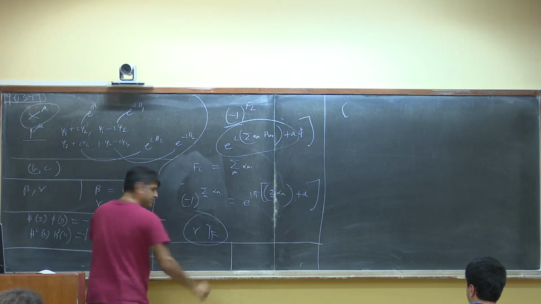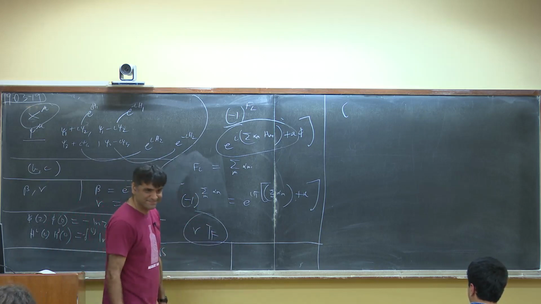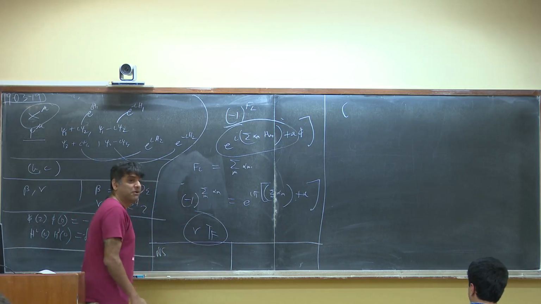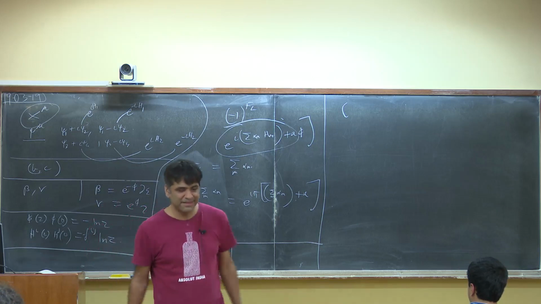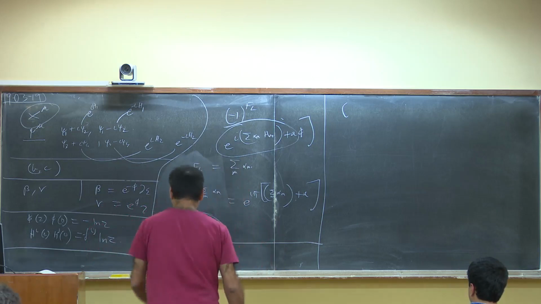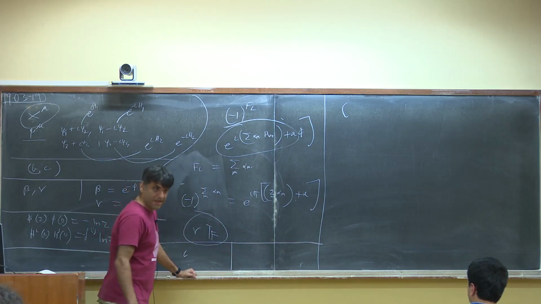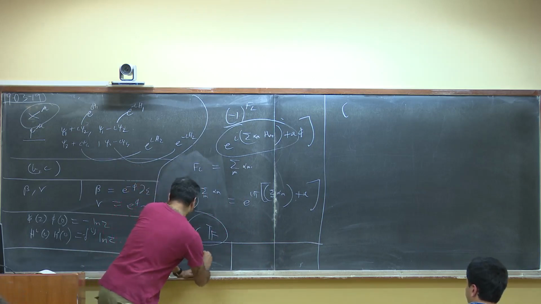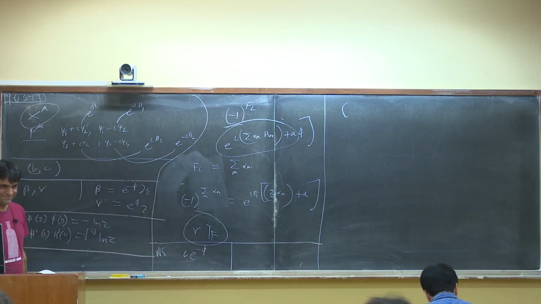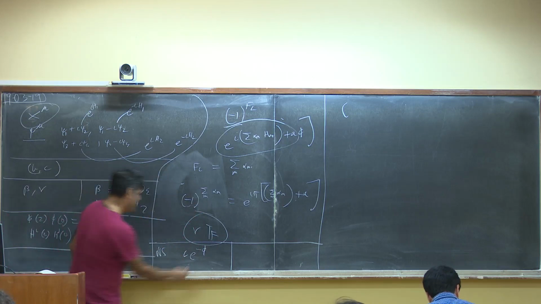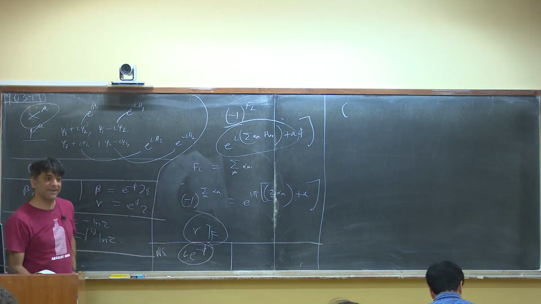In the NS sector, the ground state operator on the matter side was just the identity, and then maybe you want a c, so let's put a c, there'll be a c from the ghost system. From the beta gamma side, we got e to the power minus phi. So the ground state operator in the Neveu-Schwarz sector was e to the power minus phi.